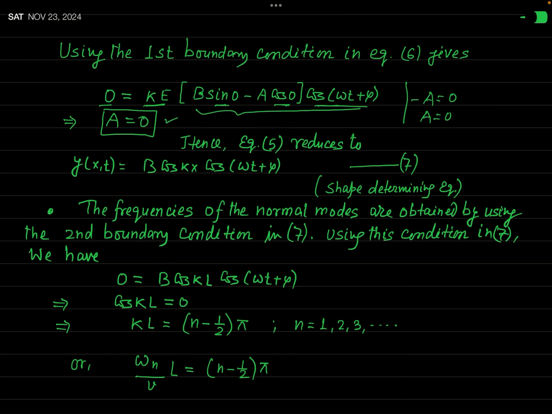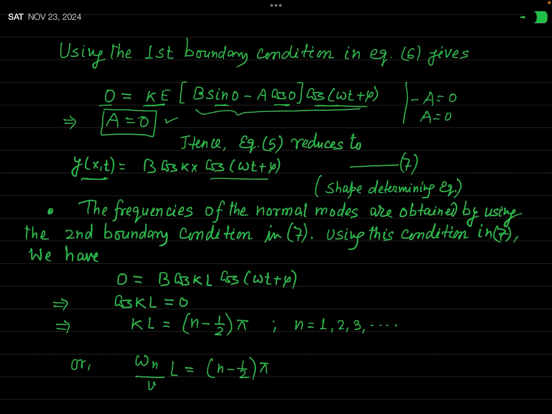Now what will be the value of y when you have obtained the value of A? For getting the value of y, substitute A equal to 0 in the expression for y. You have seen earlier that y is given as A sin kx plus B cos kx times this much.